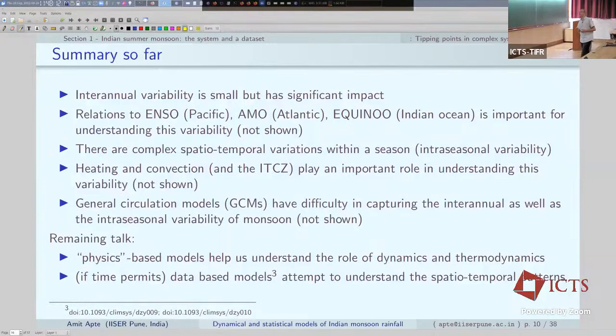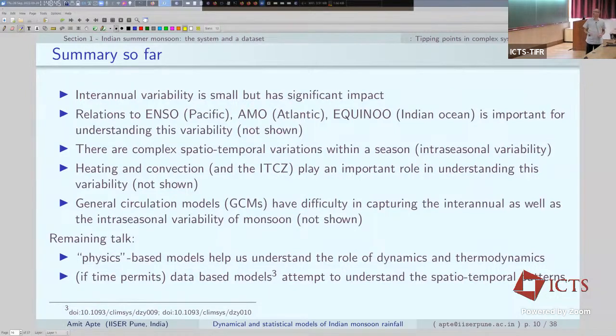And unfortunately, because convection is a huge unknown in some sense in capturing it well in large models, in general circulation models, these kind of very large Earth system models do not capture the interannual or the intraseasonal variability of monsoon very well. And I've not really talked about that, but that's something that people are struggling with in large-scale climate models even.